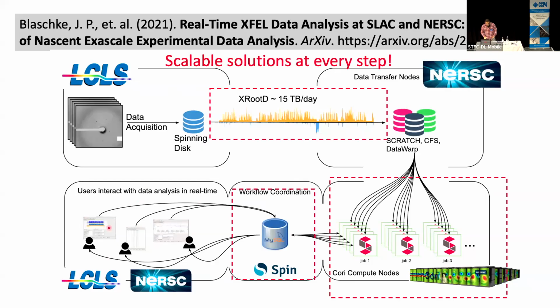But the point is that all of this has to be scalable if you're going to meet the high data rate demand. And what that means is it needs to operate on many compute nodes every step of the way. So transferring data, you have to use multiple computers at your light source and at your destination.